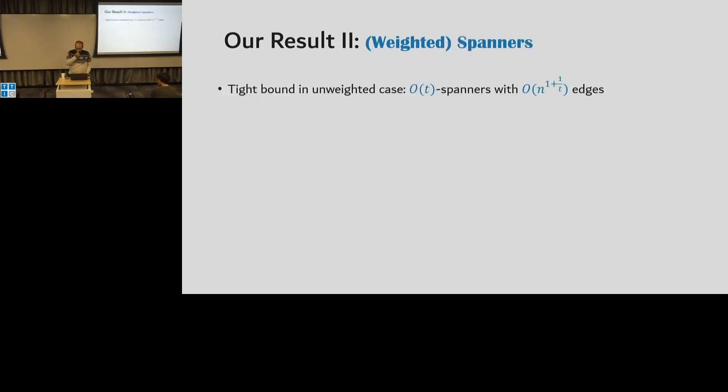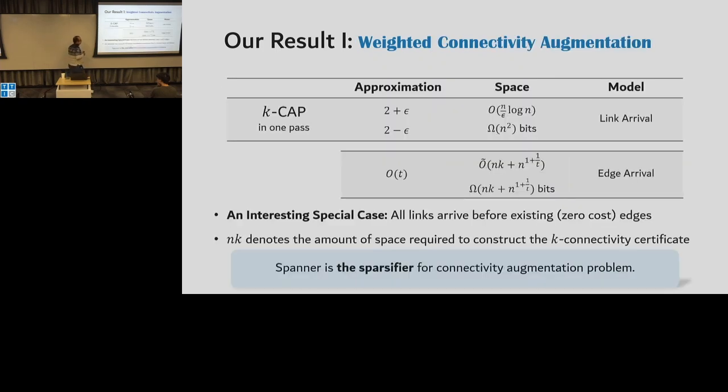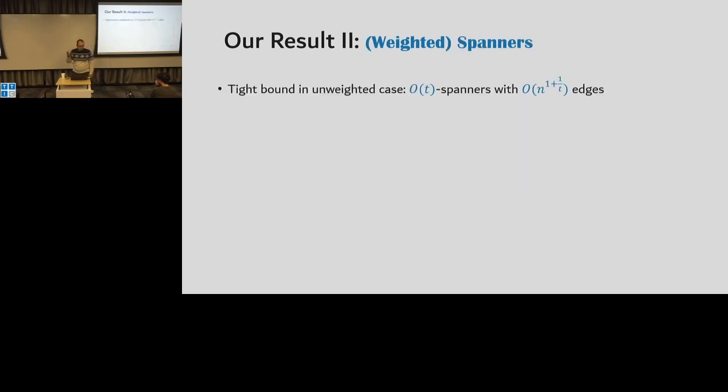Okay. So first, let's see. As this suggests, we first need to see what we can do for spanners in the streaming setting. Spanner is a very well studied problem in streaming. For instance, we know for the unweighted case, it's easy to come up with an order t spanner using order n to the 1 plus 1 over t many edges.